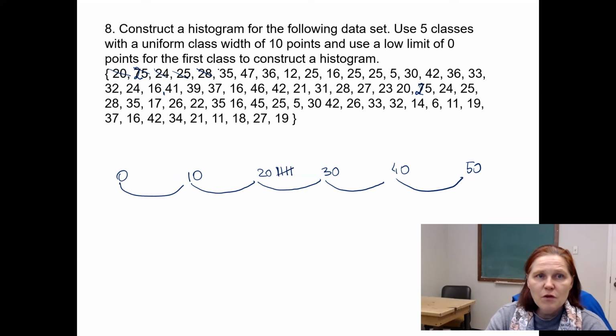Then we have 35, and 35 goes to the class with 30, 47 here, 36, 12, and you continue in the same way. Five goes to the first class.